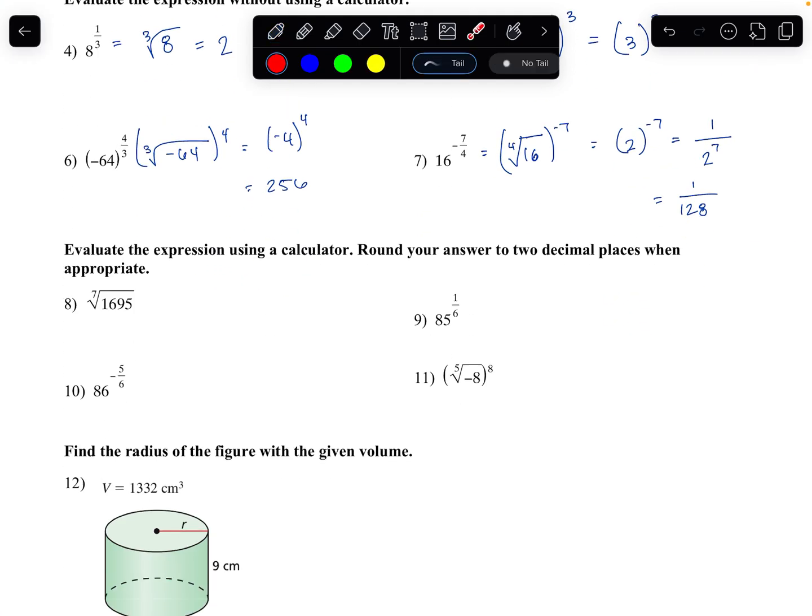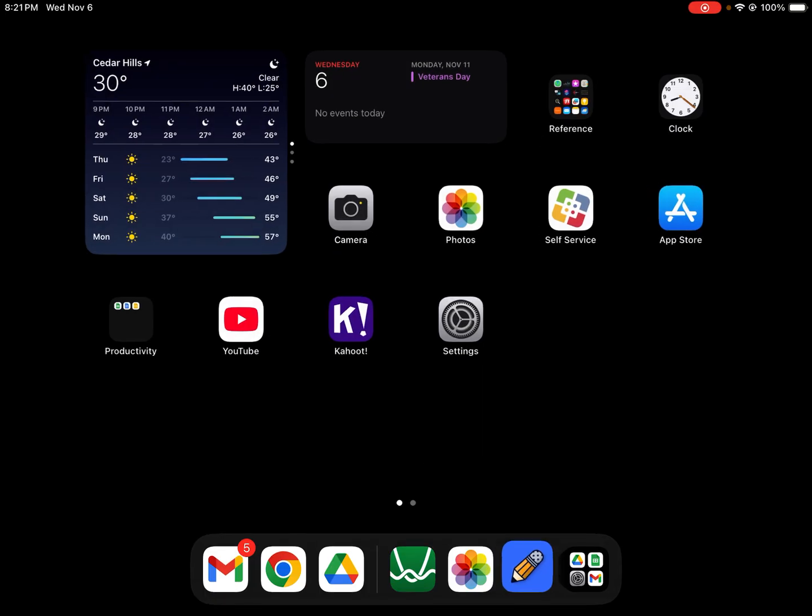All right. Evaluate the expression using a calculator. Round your decimal answer to 2 decimal places. Okay, so we have the 7th root of 1695. So let me open a calculator.